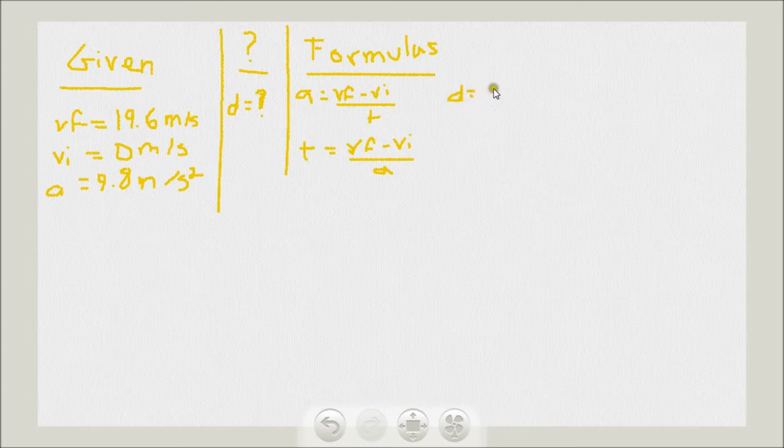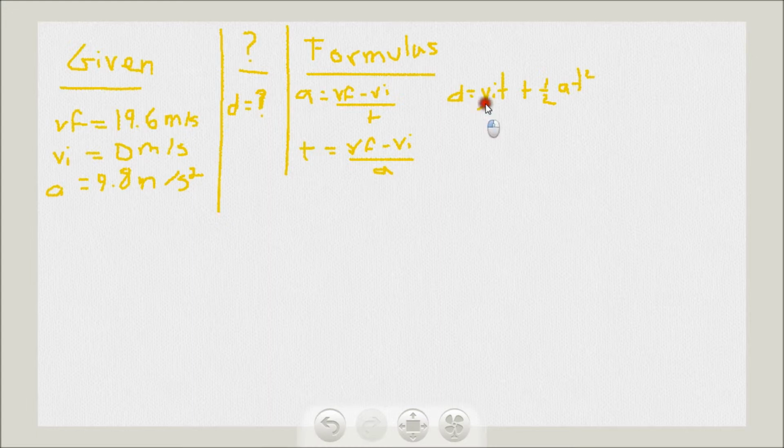And we are also going to use the formula for distance. To do this easier, we're going to use initial velocity multiplied by time plus 1/2 of a t squared. Because the initial velocity is 0 meters per second, when you multiply 0 by whatever, its time, it will cancel.